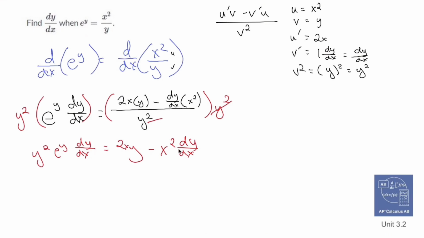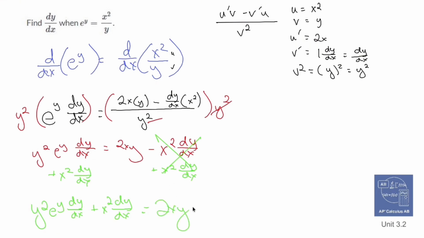I have to get both of my dy dx's on the same side. So I have to add x squared dy dx to both sides. That crosses out and gives me y squared e to the y dy dx plus x squared dy dx equals 2xy.